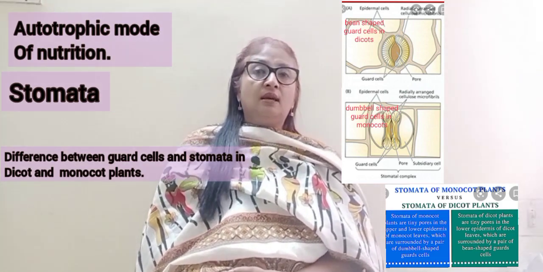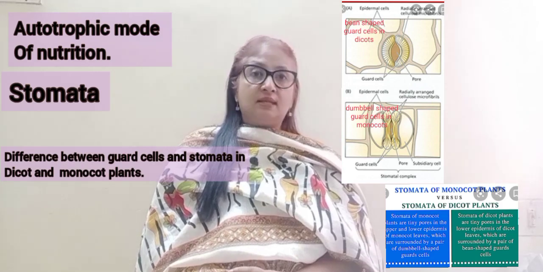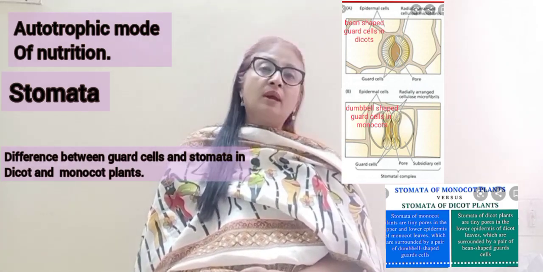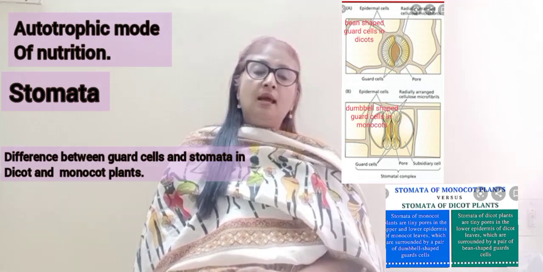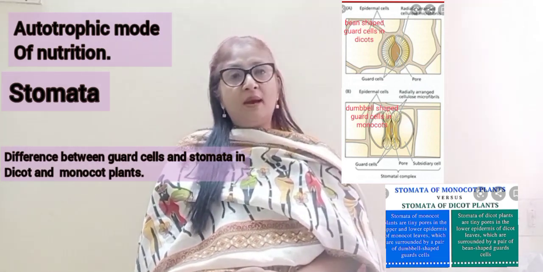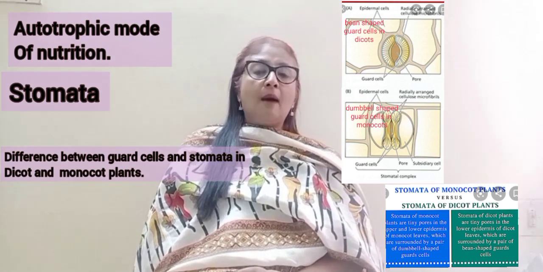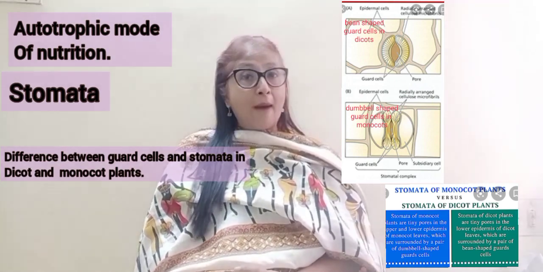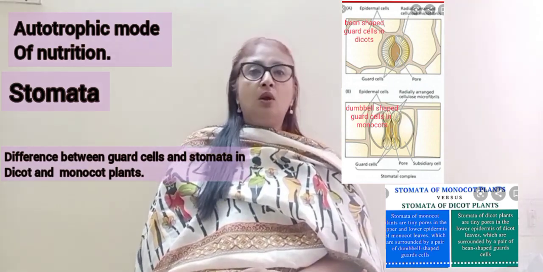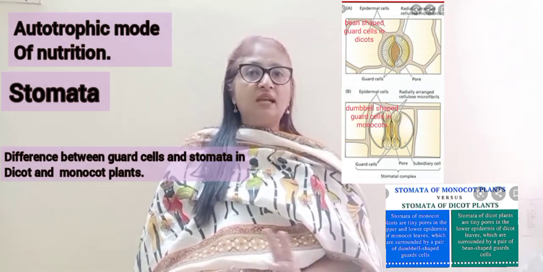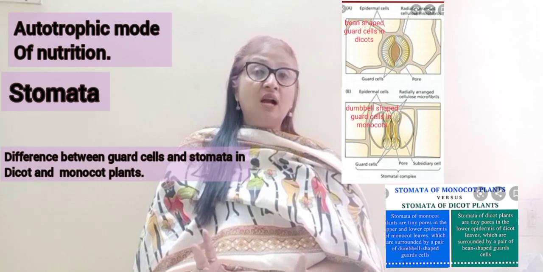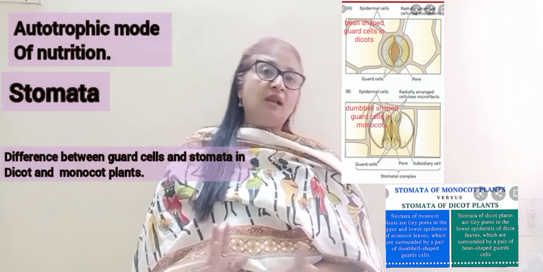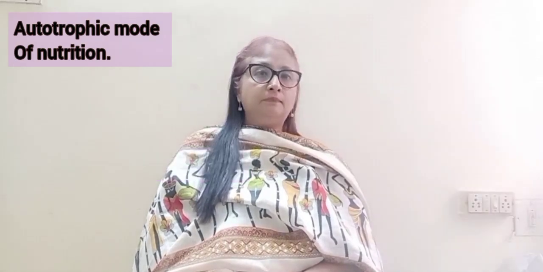Not only that, in dicot plants the stomata are found only in the lower epidermis, while in monocot plants, stomata are found on both the upper and lower epidermis. So these are the differences with regard to stomata in dicot and monocot plants.